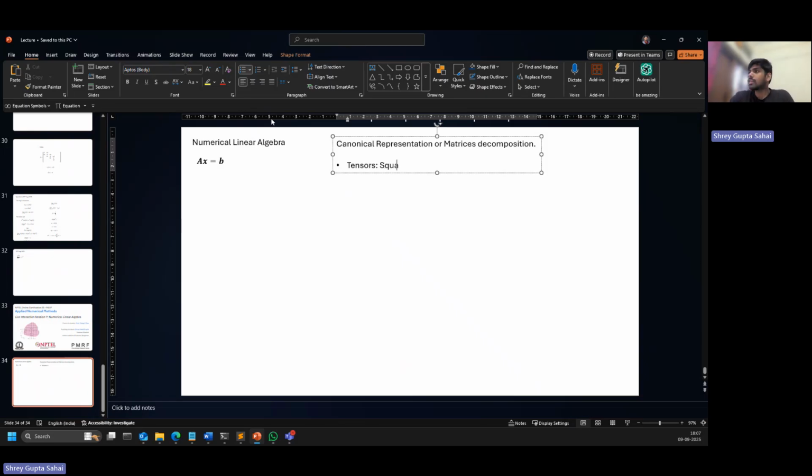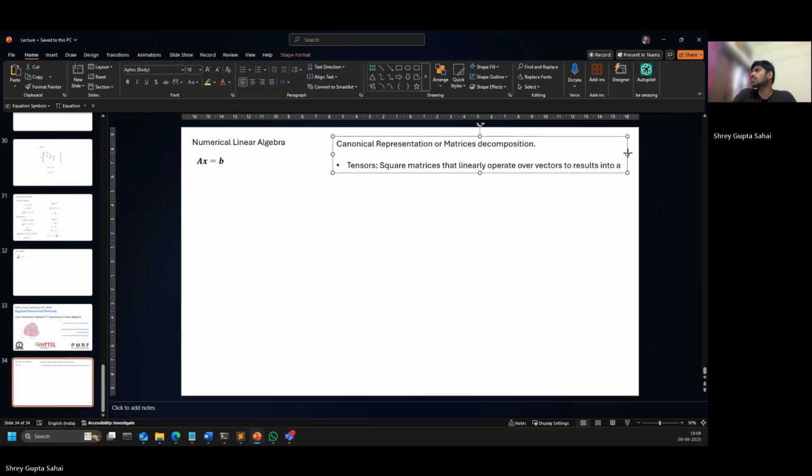We know these are square matrices, not necessarily, but they transform square matrices that linearly operate over vectors to result in new vectors, to a vector.